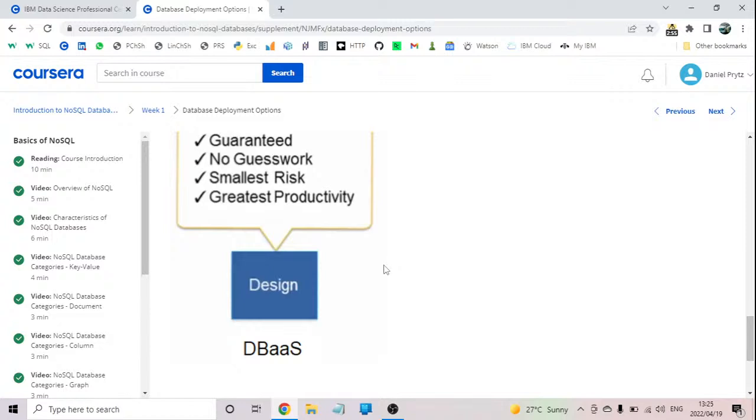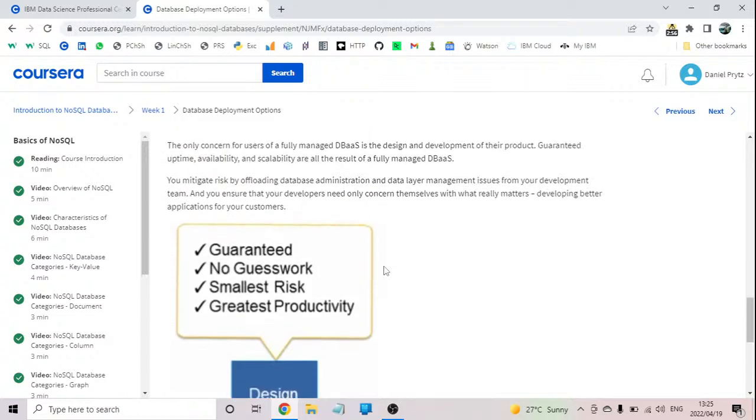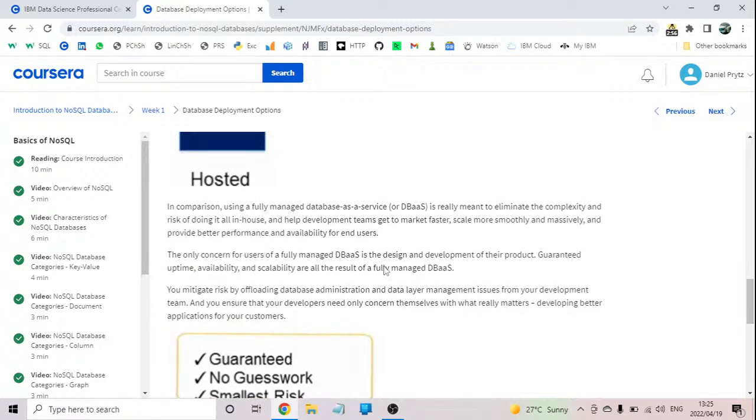So apparently this is being marketed to us as the best, unless I am, of course, losing my mind. So this is DBAS. Oh, this is just design. Wait, this is just design. Oh, it's not even DBAS. Forget about DBAS. It's just design. Oh my word. It's just design? Wow, okay, that's savage. DBAS, okay.